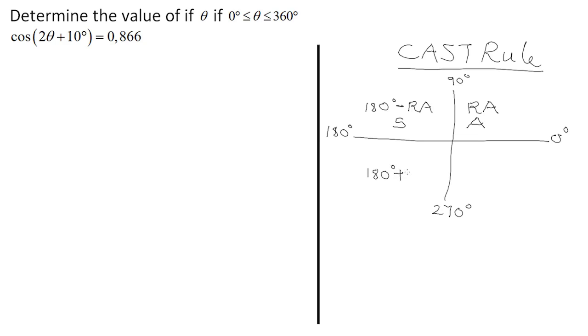So it's going to become 180 plus your reference angle, and tan and its reciprocal is positive there. And then the last quadrant is between 270 and 360 degrees, which is 360 degrees minus your reference angle, and cos and its reciprocal is positive there.